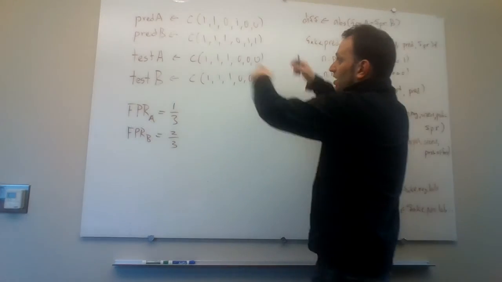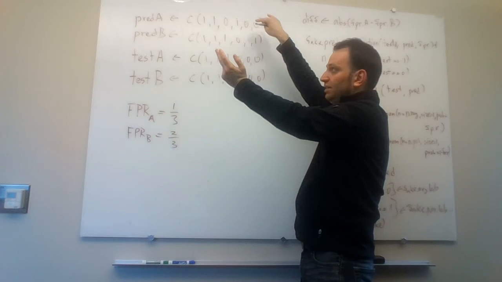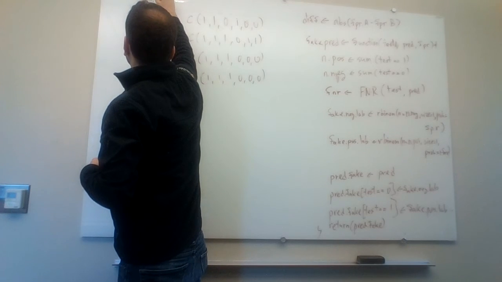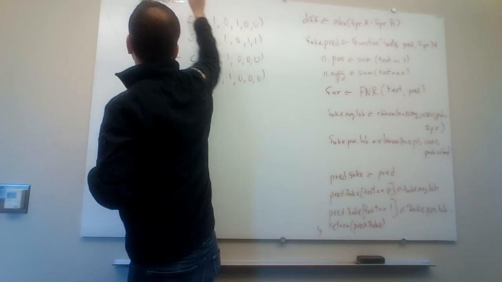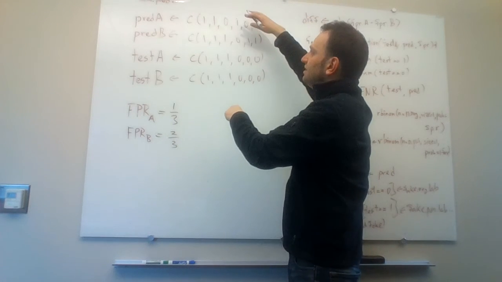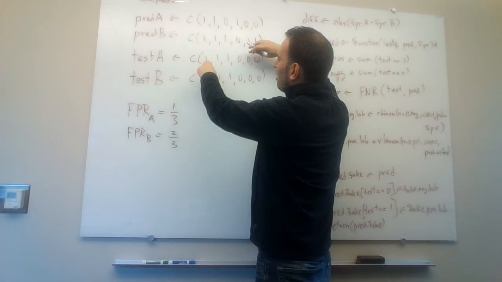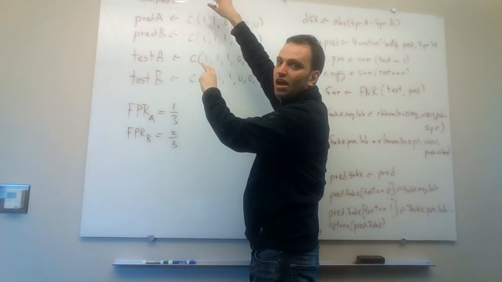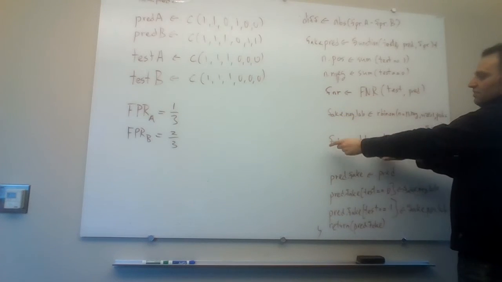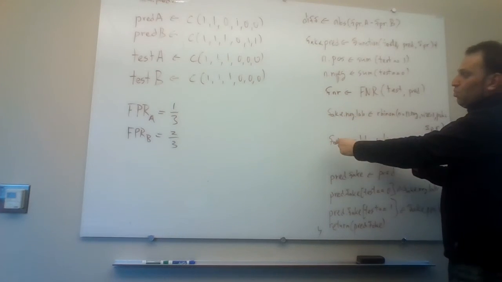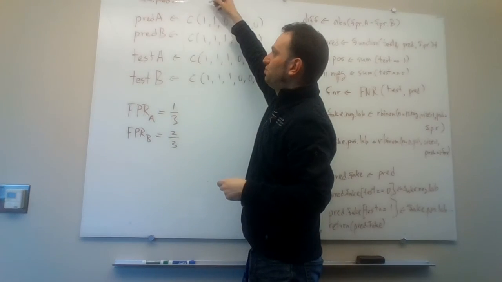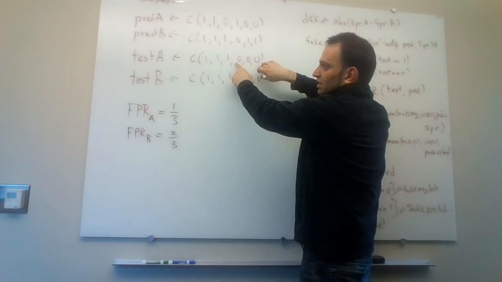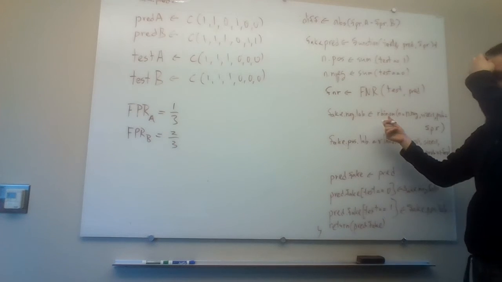I'm going to overwrite all of that. Wherever test is 1, here, here, and here, assign the fake pos lab things, right? So there's 3 of those, so in those 3 positions, I'll assign the labels for the positives. In those positions where the test is 0, I'll assign the fake neg lab.